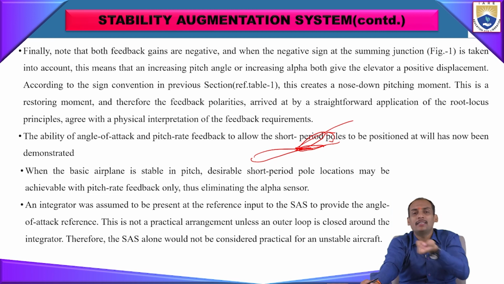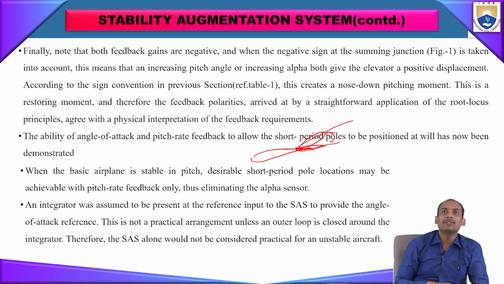So when the pitch rate gives you a feedback, you can go forward by this much value, then some more value. When these values go forward by these feedback values, the control surface displacement also will go on increasing. According to the sign convention seen previously, this is a positive sign and this is a negative sign.